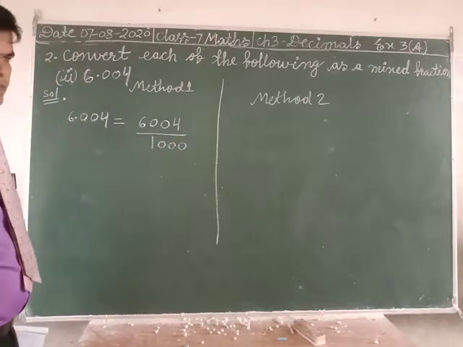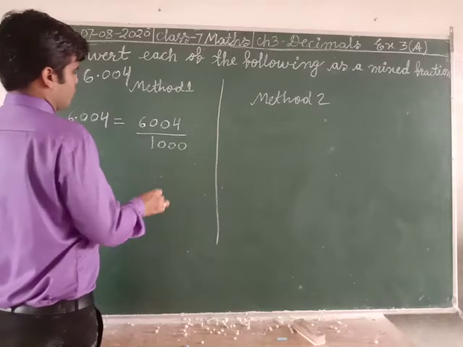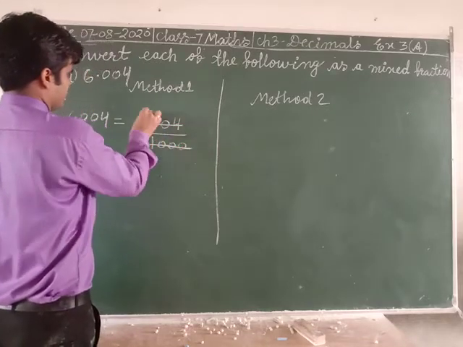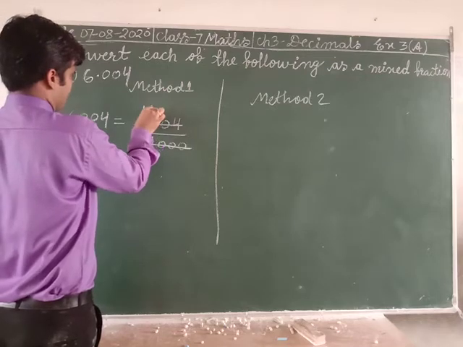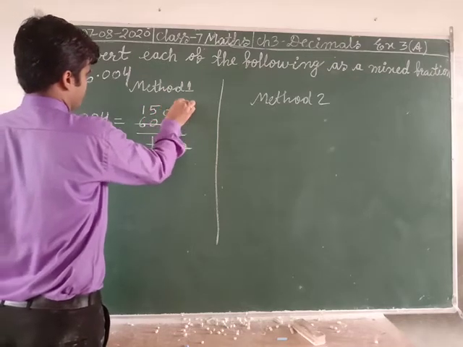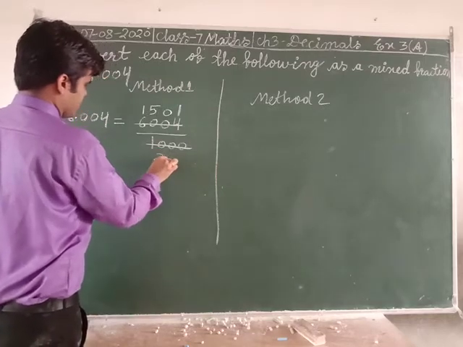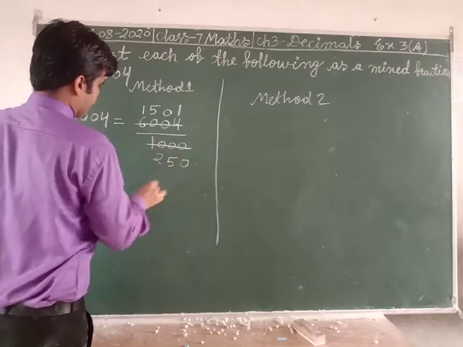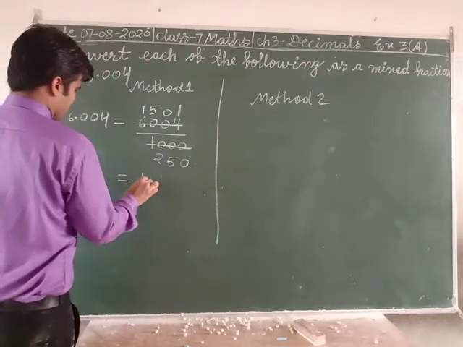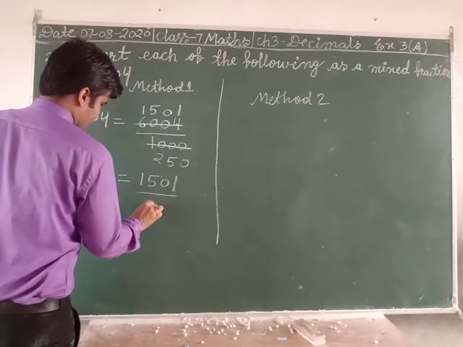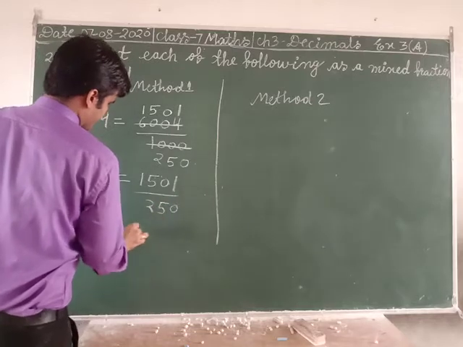Okay students, now is it clear? So by 4 we can cut this. By 4 this becomes 1501 and this becomes 250. So we write 1501 upon 250 and now we divide it.